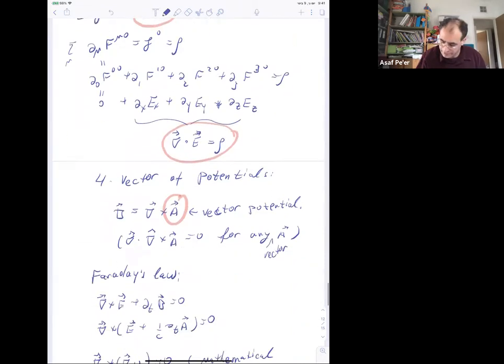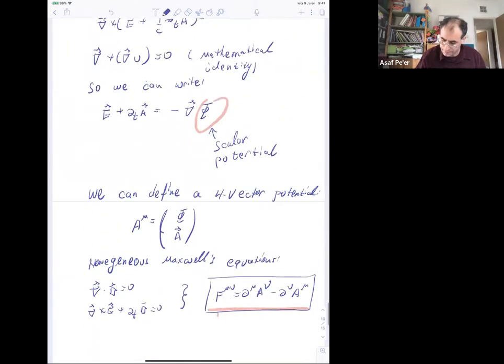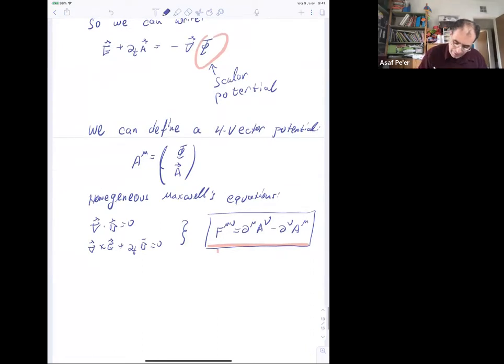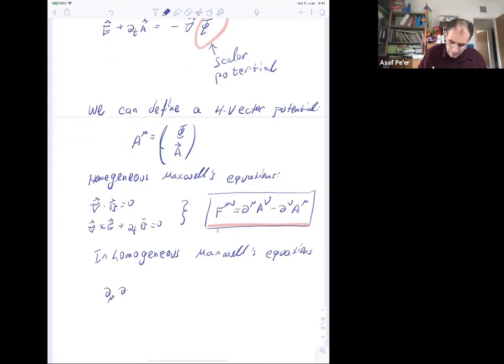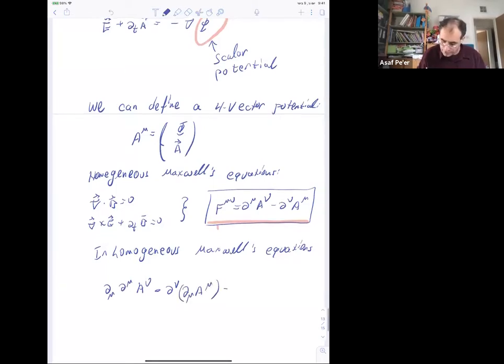I can just plug in F^{μν} here, so I can write it as ∂_μ(∂^μ A^ν − ∂^ν A^μ) equals J^ν.